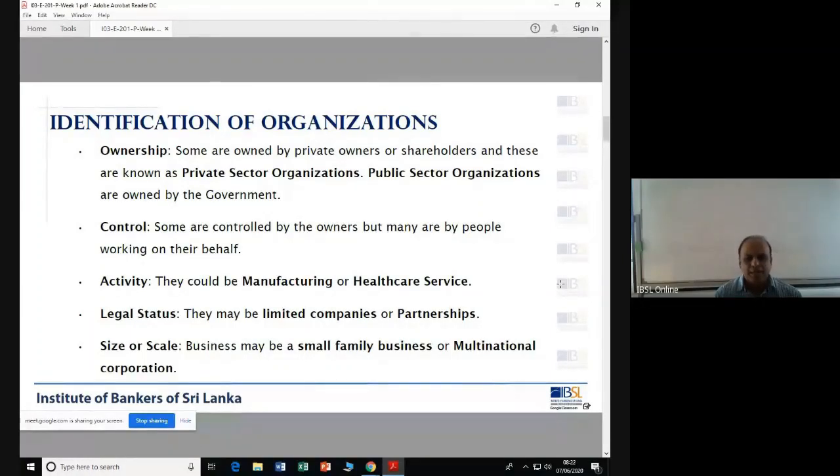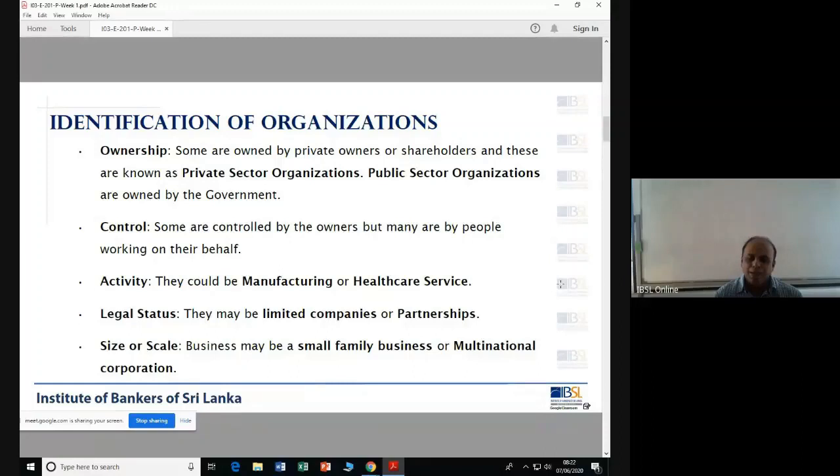And the next criteria is where we talk about the legal status. The legal status, where there may be limited companies or partnerships. So when you say limited companies, it means companies which are set up by people, including shareholders, and those are limited in terms of liability, which we will discuss in detail later on.